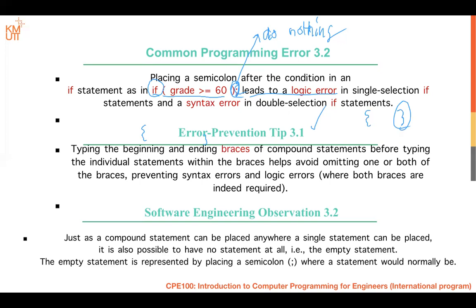Okay, and the last one: just as a compound statement can be placed anywhere a single statement can be placed, it is also possible to have no statement at all. Sometimes we call this an empty statement. Why is this an empty statement? You can write it like this: if grade is greater than or equal to 60, and then empty, and then you write a semicolon like this. This is an empty statement.